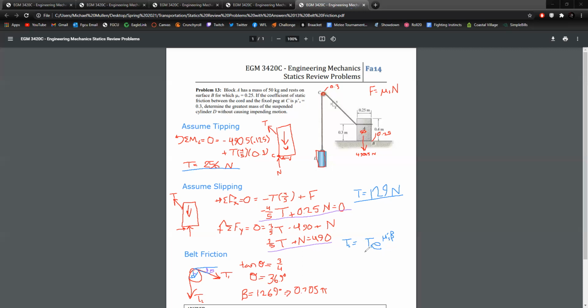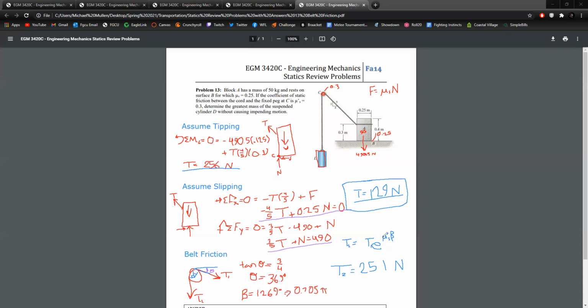So now that we know T1, we know mu sub S, and we know beta, we can plug it all together and say that T2 comes out to be 251 newtons. Once again, that's by plugging in the smaller T value that we found by comparing our slipping versus our tipping.